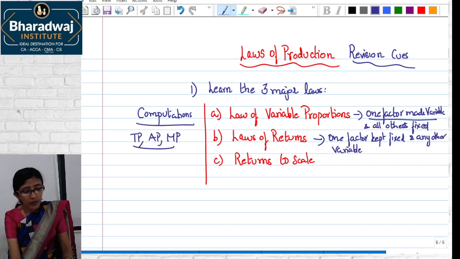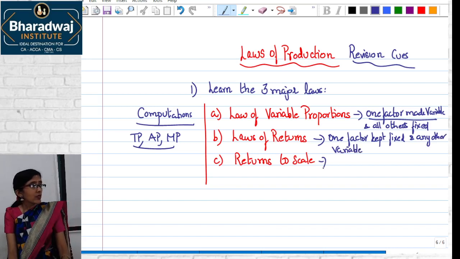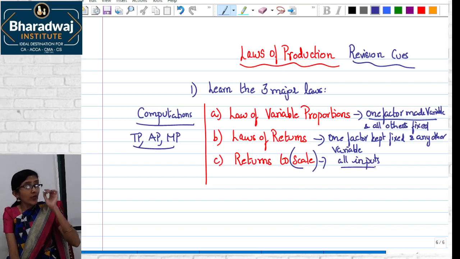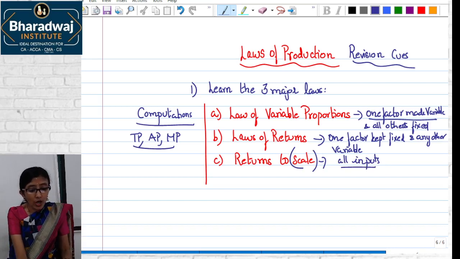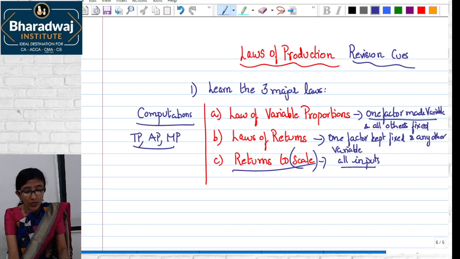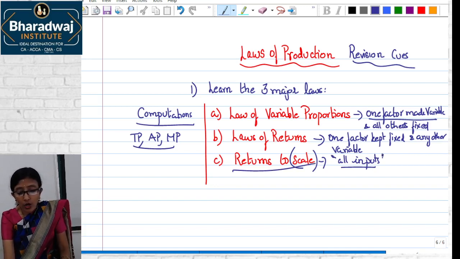Third one, here scale means all inputs under laws of production. So read the question, whether it is economies of scale or returns to scale. Under returns to scale, the term scale refers to all inputs. Here, all inputs are made variable.